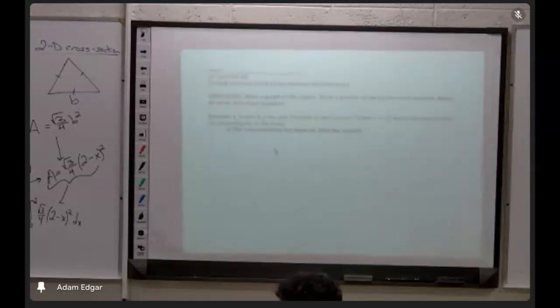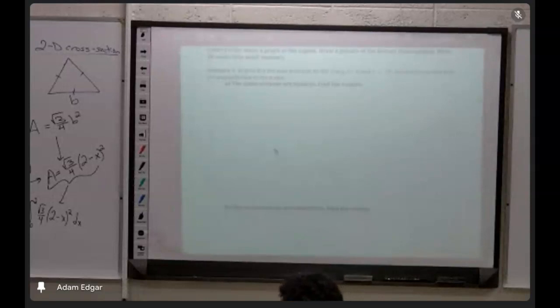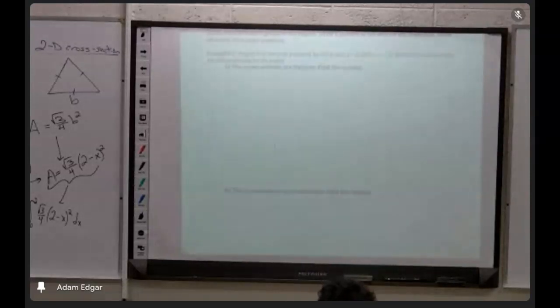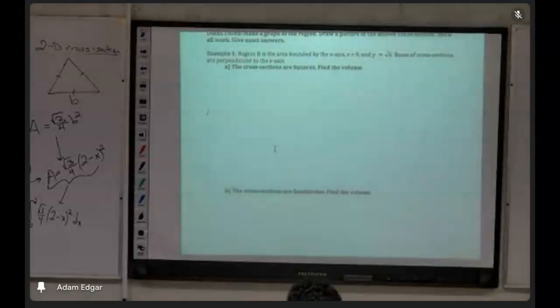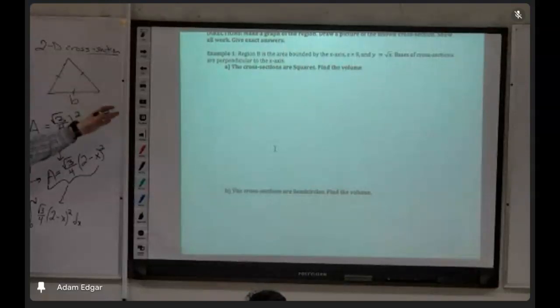Just take a picture of that. All right, so first example here, we'll call it 1A. Region B is bounded by the x-axis, the vertical line x equals 9, and y equals root x.